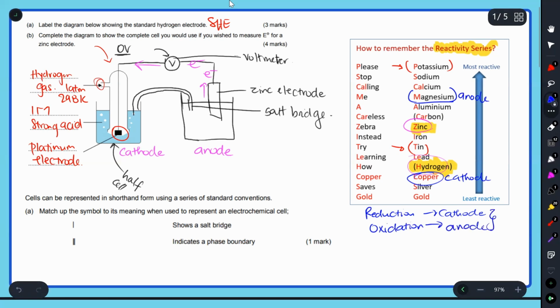I remember it: picture a red cat and an anorexic ox. So an ox, red cat. So red cat, reduction, cathode, and ox, anode, oxidation.